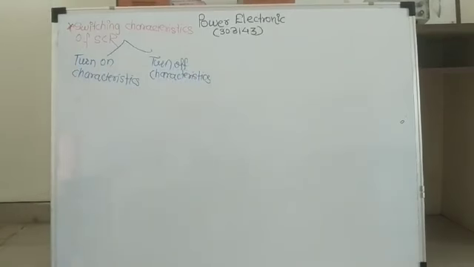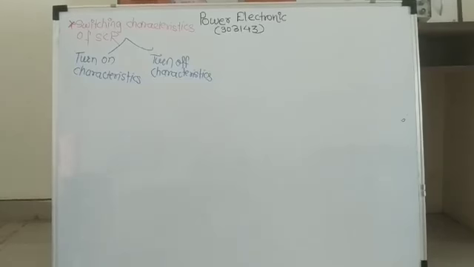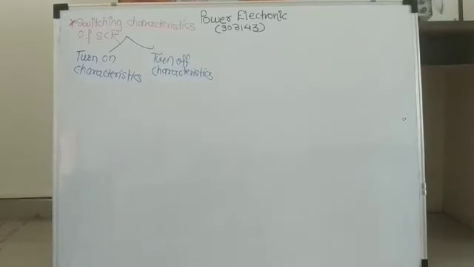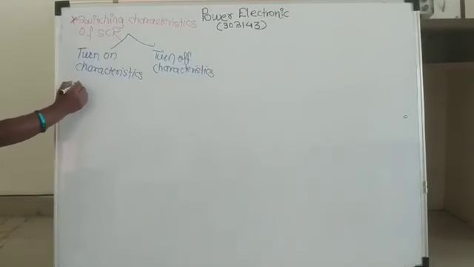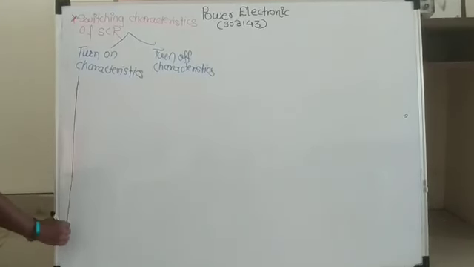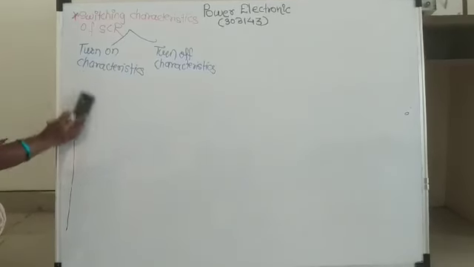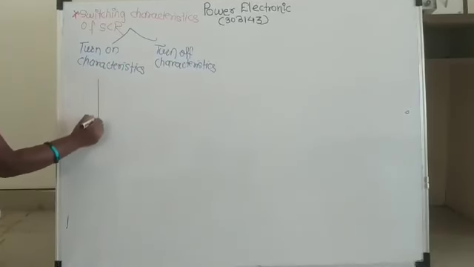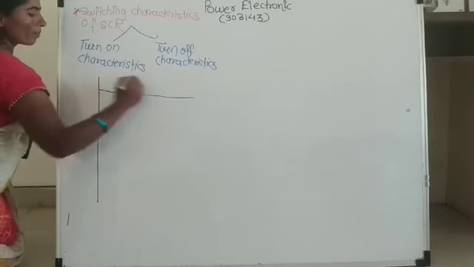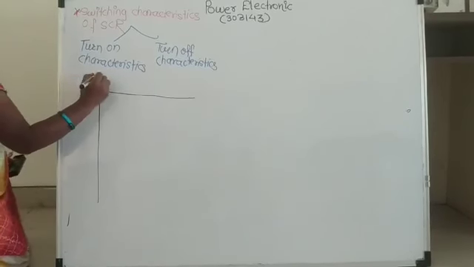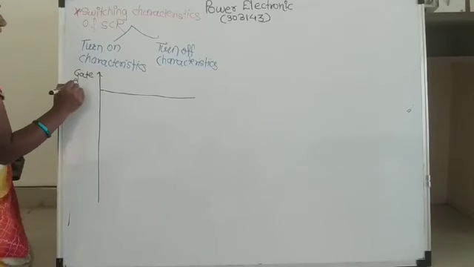Now see one by one. First of all, we learn turn on characteristics. I will draw the graph for turn on characteristics. Here, gate pulse is there.